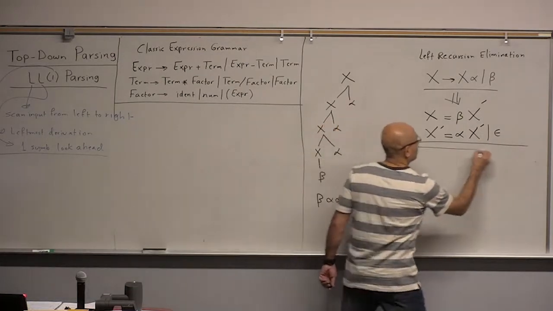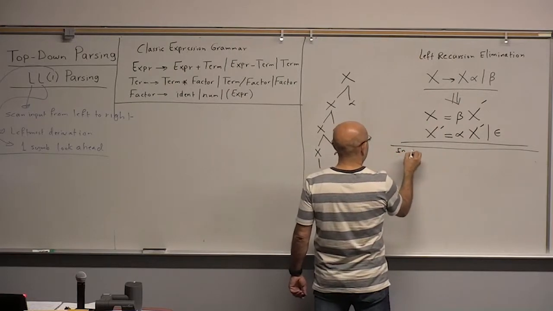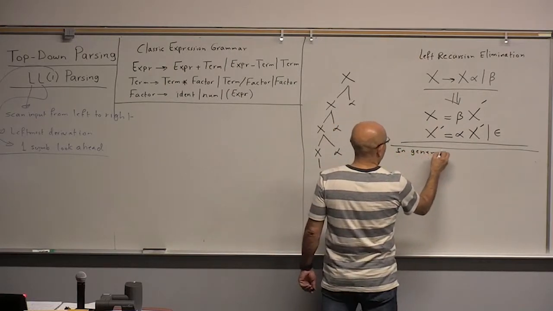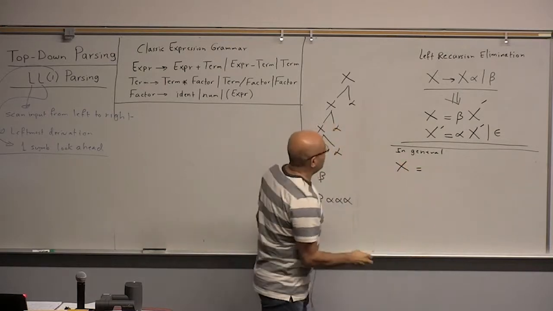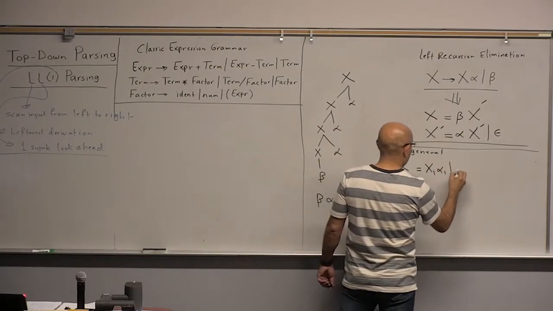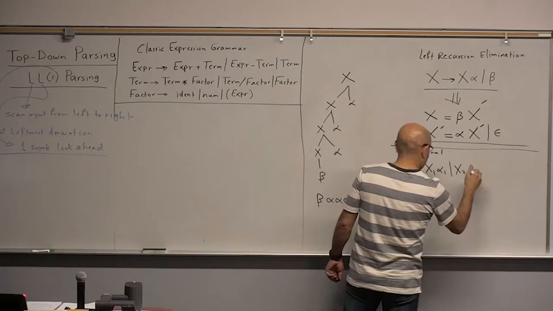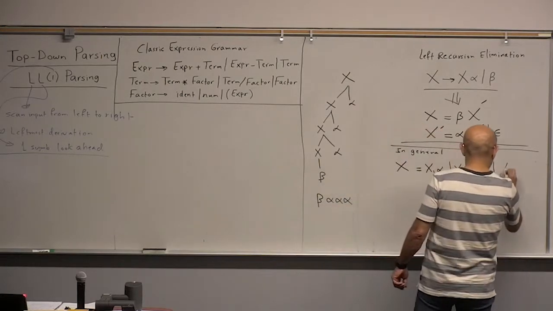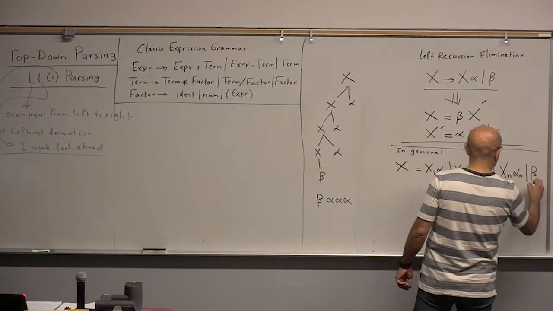In general, I can do x if x equals x1 alpha 1 or x2 alpha 2 or xn alpha n or beta.